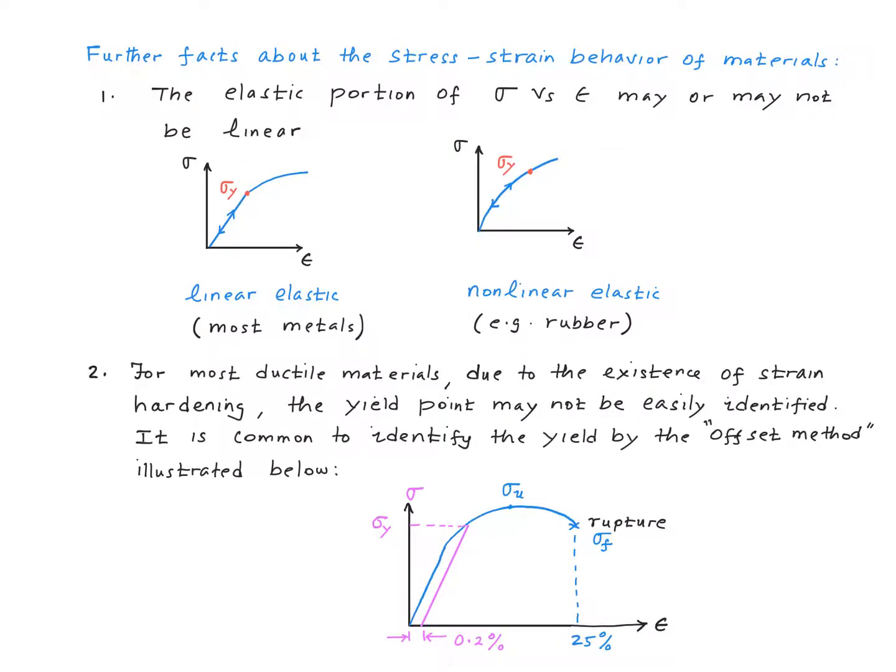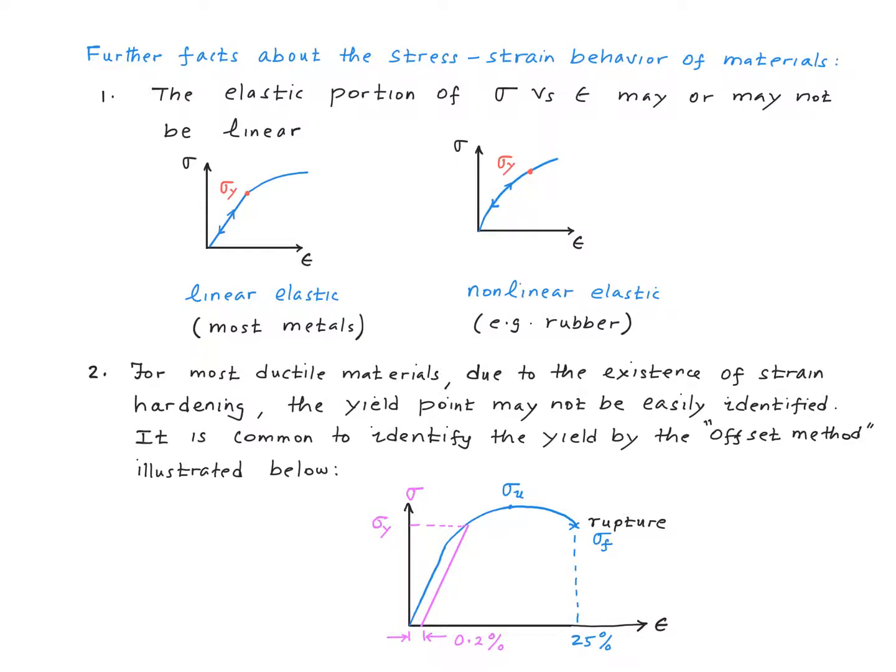Number two, for most ductile materials, because we have the strain hardening part on the curved portion of the stress-strain relationship beyond yielding, this transition from elastic to elastoplastic is not easily identified all the time.